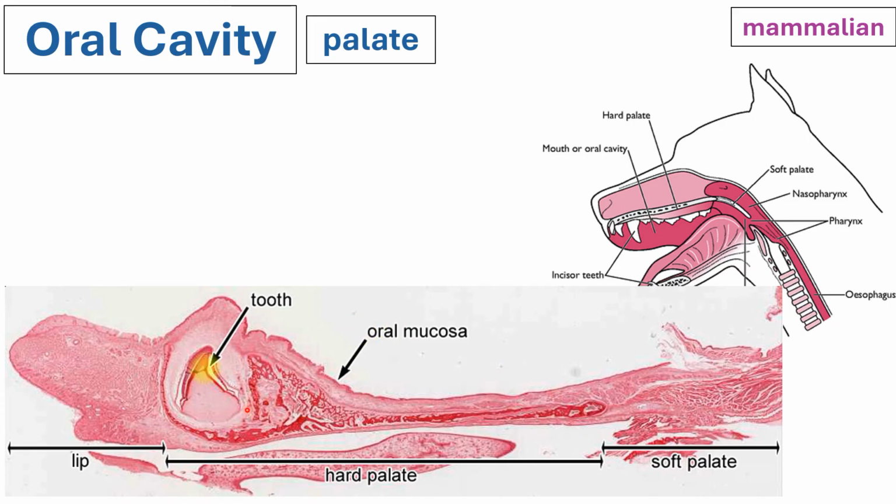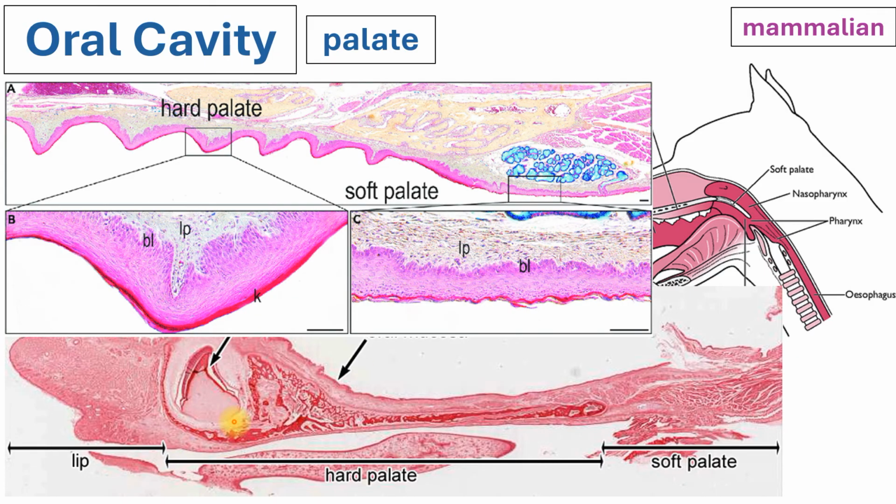Okay, so here you can also see an uninterrupted tooth, which corresponds to this area. Again, the hard palate would also contain your ridges, and the palate is just a conduit or passageway for the food, and the hard palate can also feature palatine glands. Right?